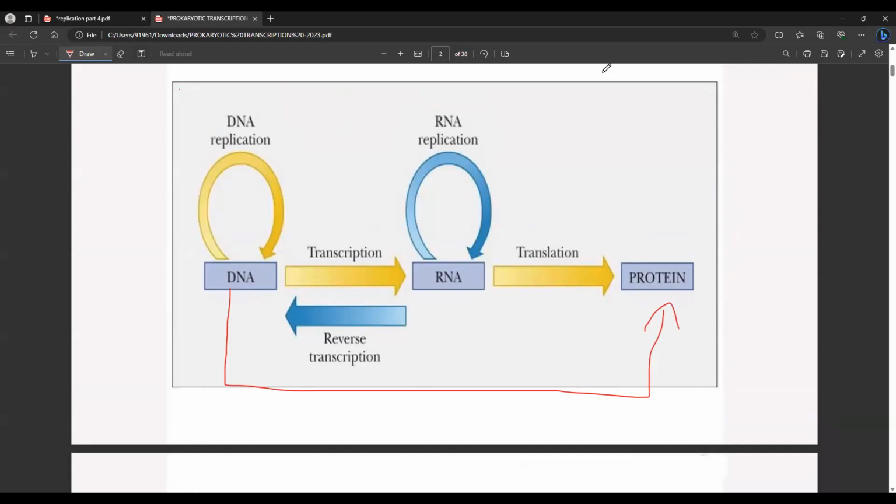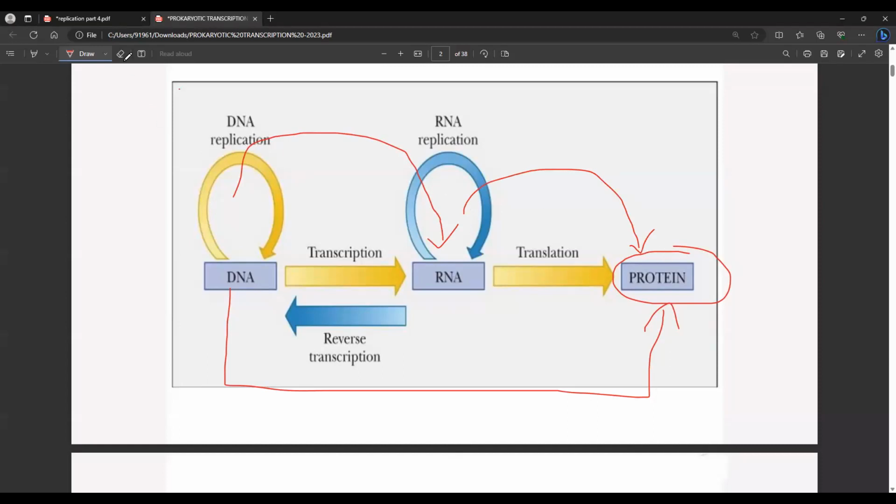But we have studied very clearly that even though DNA is involved in the synthesis of protein, it is not involved directly. Every student pay attention: DNA first synthesizes an RNA molecule, and this RNA molecule is what is involved in the synthesis of protein.